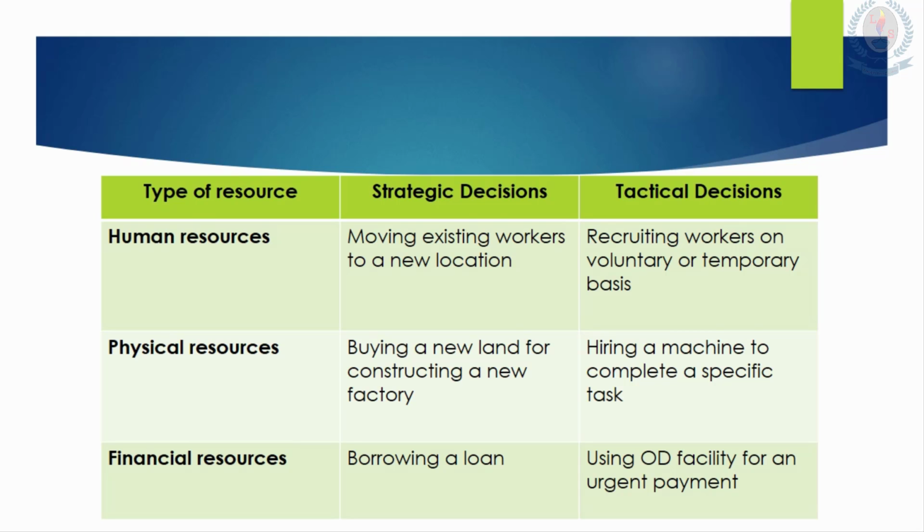And look at the tactical decisions which is made regarding the physical resources. It is about hiring a machine to complete a specific task. For an example, think that some companies are hiring some machines for a specific time period in order to complete a certain task.